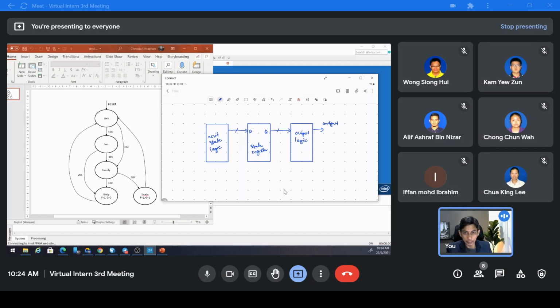So to represent 5 states, how many flip-flops do we need? We need to model this in digital format, because in a digital circuit we cannot have names like 0, 10, 20, 30, 40, or A, B, C, D. No.